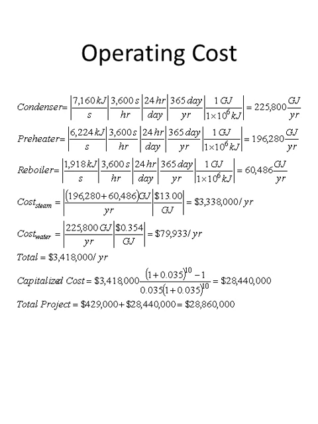The preheater is adding 196,280 gigajoules per year, and the reboiler is using 60,486 gigajoules per year. We're using steam in the preheater and reboiler, and that steam has a value of $13 a gigajoule, so we can determine that the total cost of steam for our plant is a little more than $3.3 million a year.